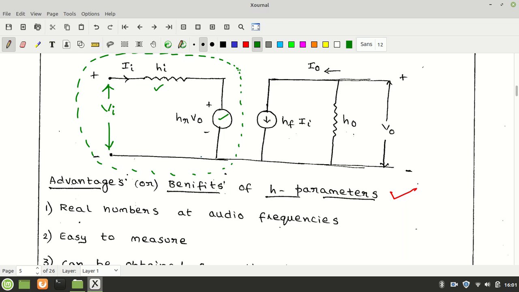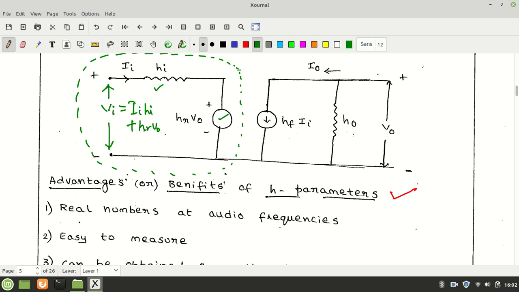At this point, the bottom line is the ground point, with respect to which all the potentials are measured. So you can go to the KVL formula and reach this equation: Ii into Hi is the potential drop across this impedance, plus this potential drop Hr into V0, which is nothing but the first equation.